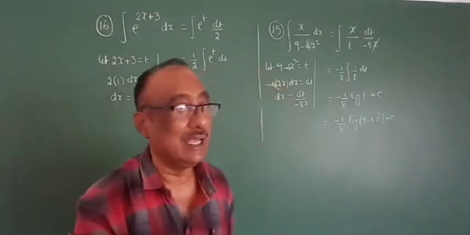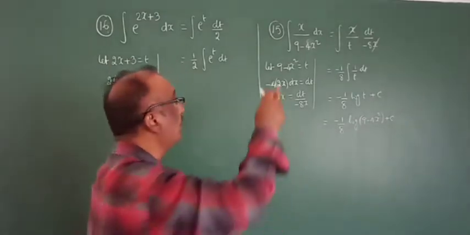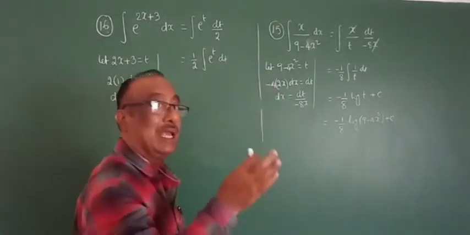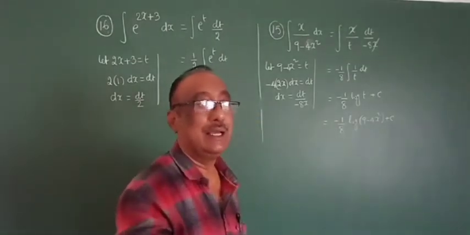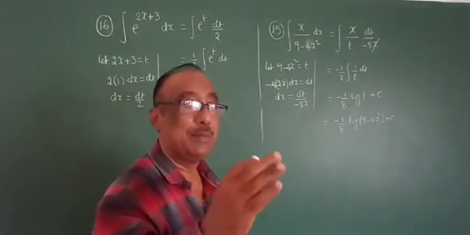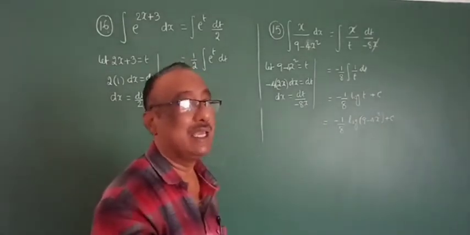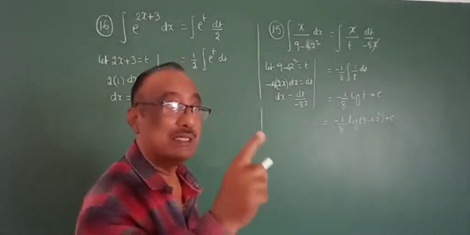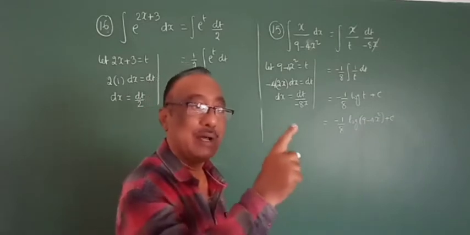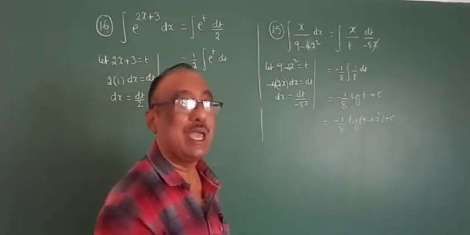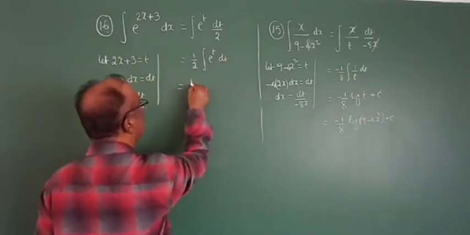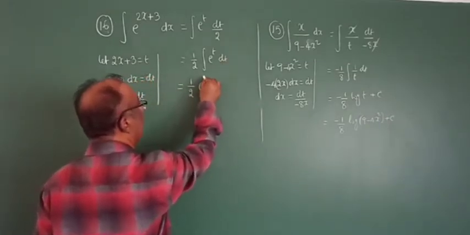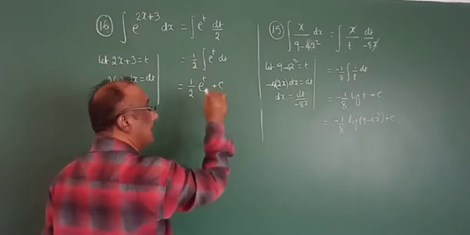With variable t, the integration of e power of x with respect to x is e power of x, and likewise the integration of e power of t is also e power of t. Therefore e power of t plus c. Now the integration is completed.